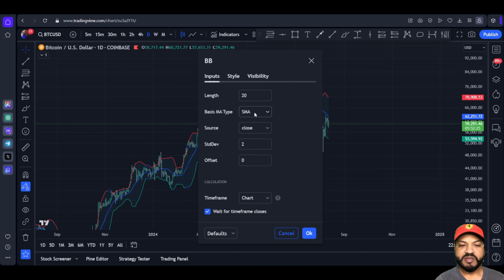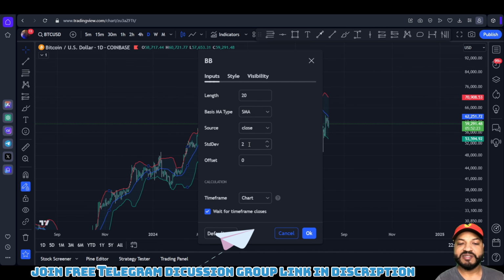20 moving average. This is standard deviation. Standard deviation means it goes 2 points above or 2 points below, plus or minus. That means approximately 95% of the time, the price stays inside the band.